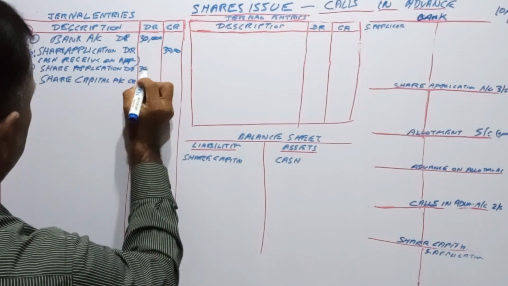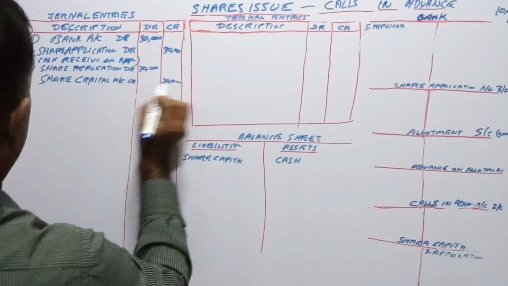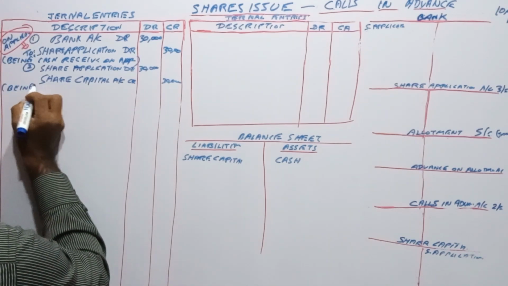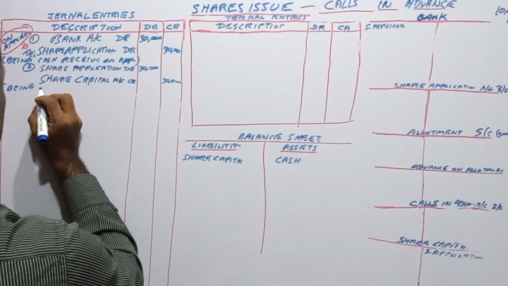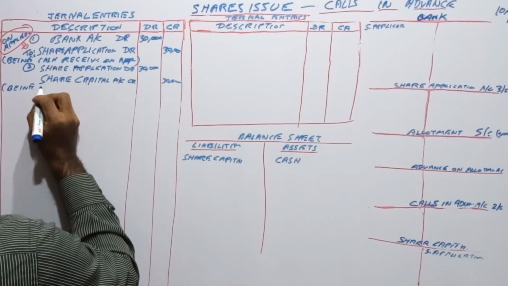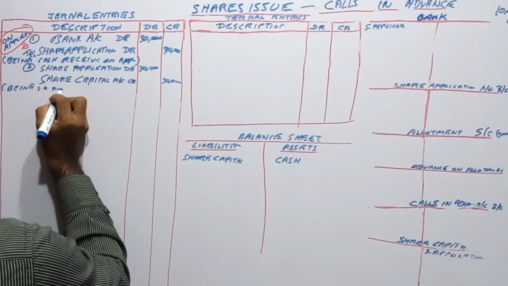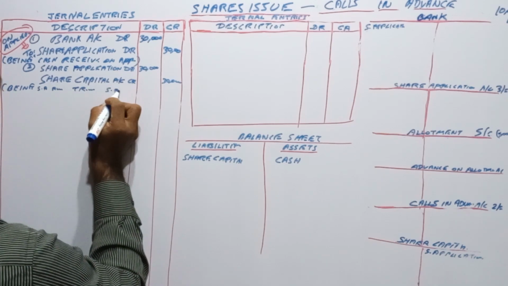How much? 30,000, being share application amount transferred to share capital account.